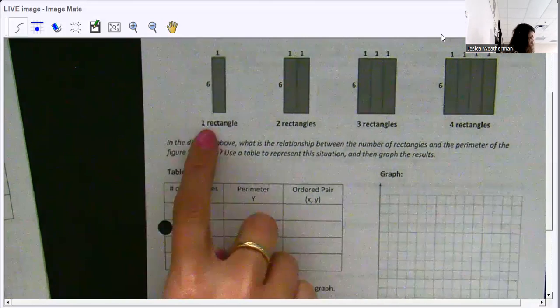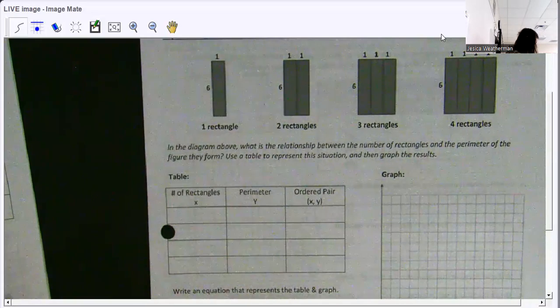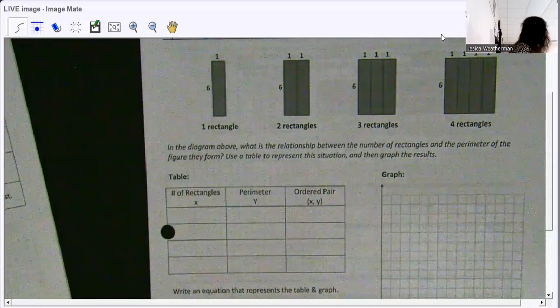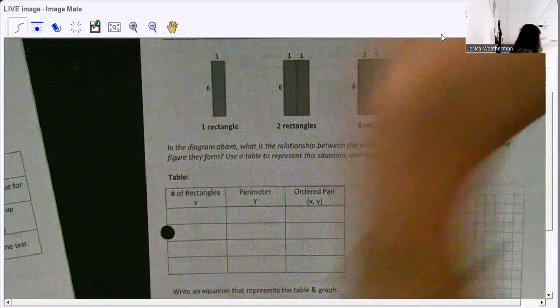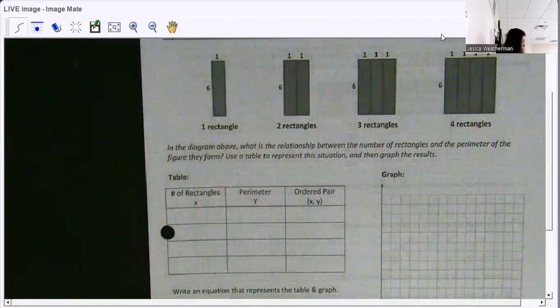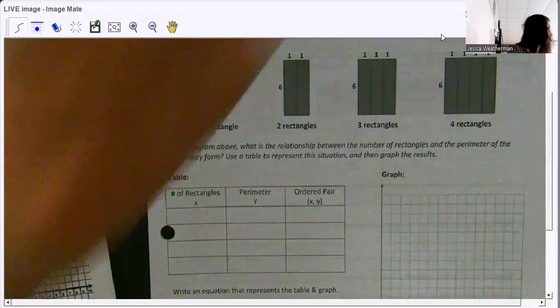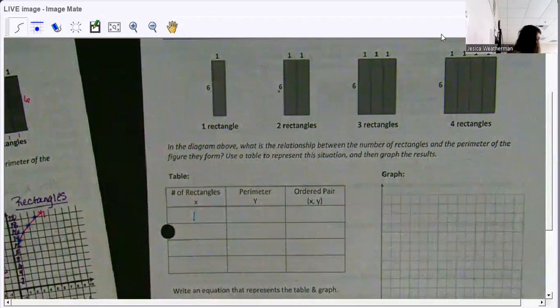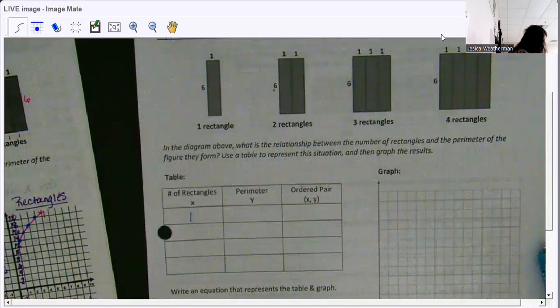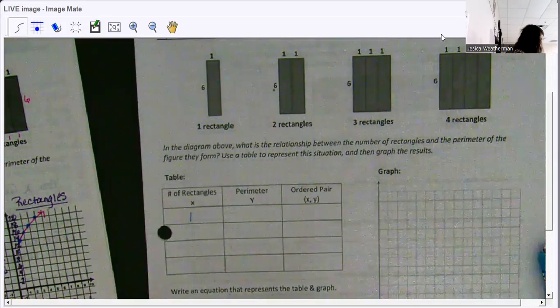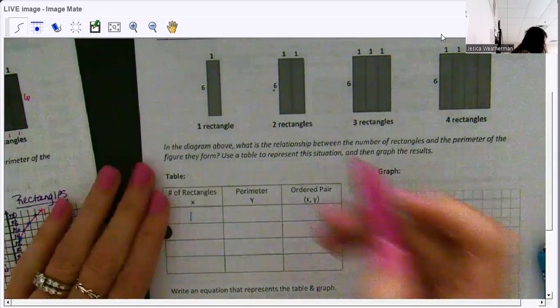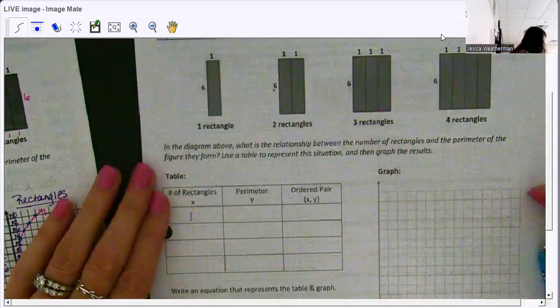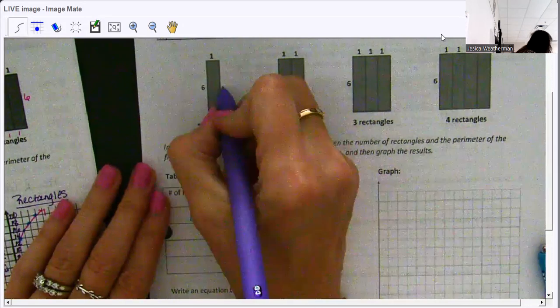So in this image, we only have one rectangle, okay? So, excuse me, I'm going to clear this all off so I have space. So we have one rectangle, okay? And the perimeter. Now, when you go up here, the perimeter is 6 here on the side and 1.